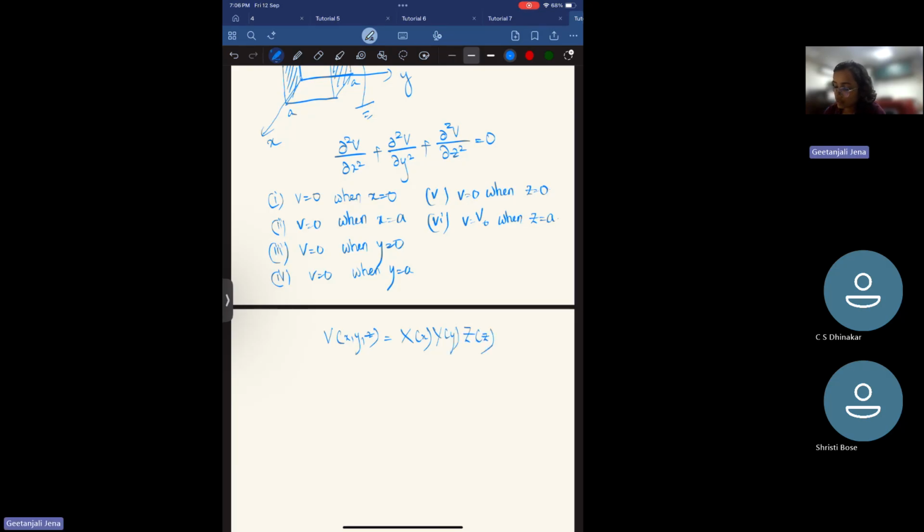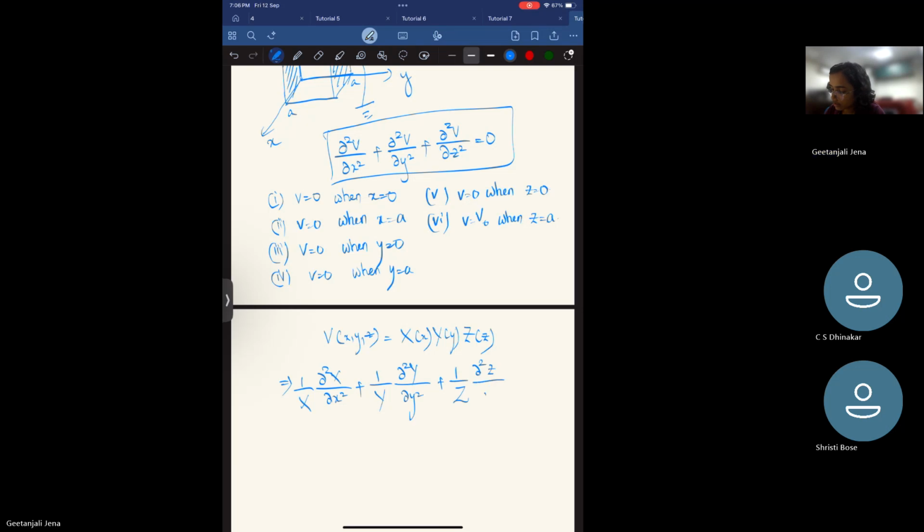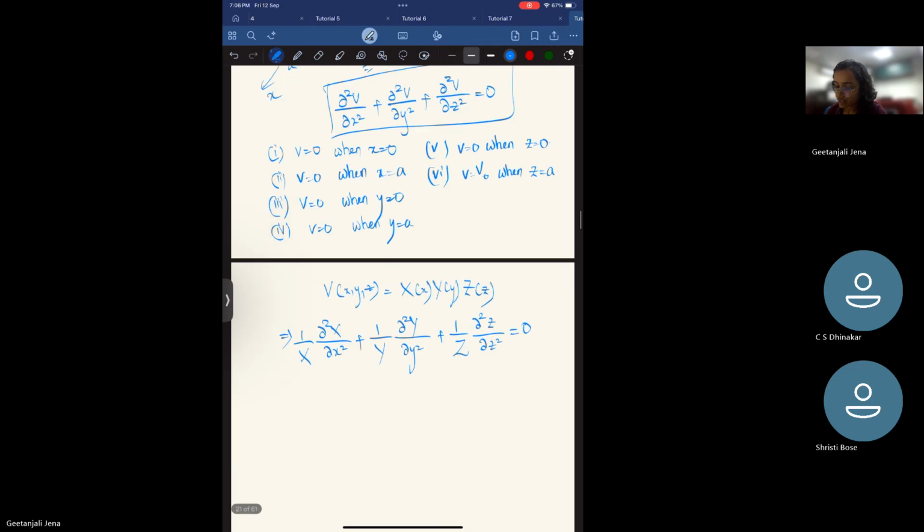If you put this in the Laplacian equation, you will get 1 by X, dou square X by dou x square, plus 1 by Y, dou square Y by dou y square, plus 1 by Z, dou square Z by dou z square, equals 0.